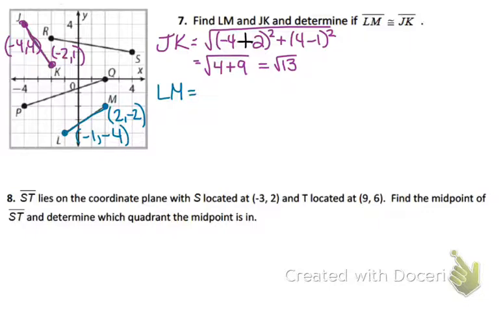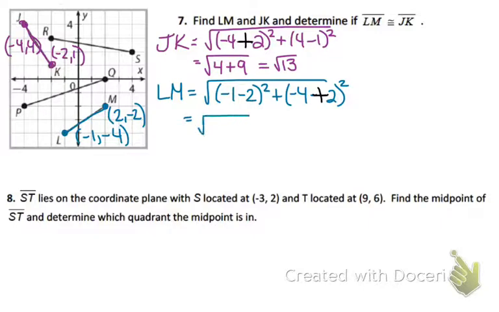So working through that distance formula, I'm going to subtract my x's, so (-1 minus 2) squared, plus I'm going to subtract my y's, (-4 minus -2) squared. And again, you're subtracting a negative, so it makes that a positive. So -1 minus 2 is -3, and -3 squared is 9. Plus, -4 plus 2 is -2, squared is 4. So I get the square root of 13 again.